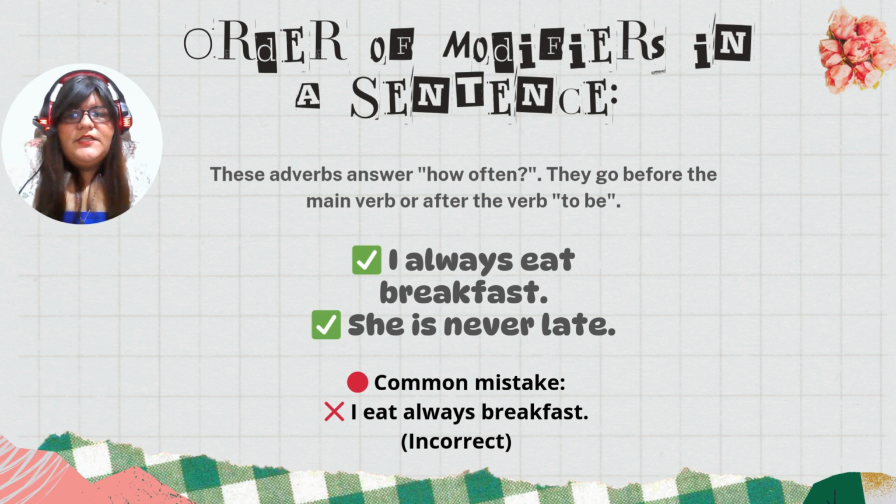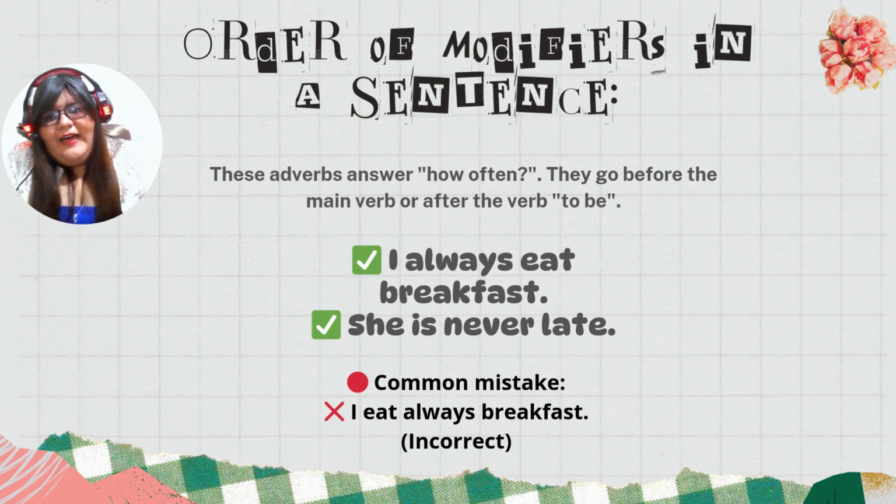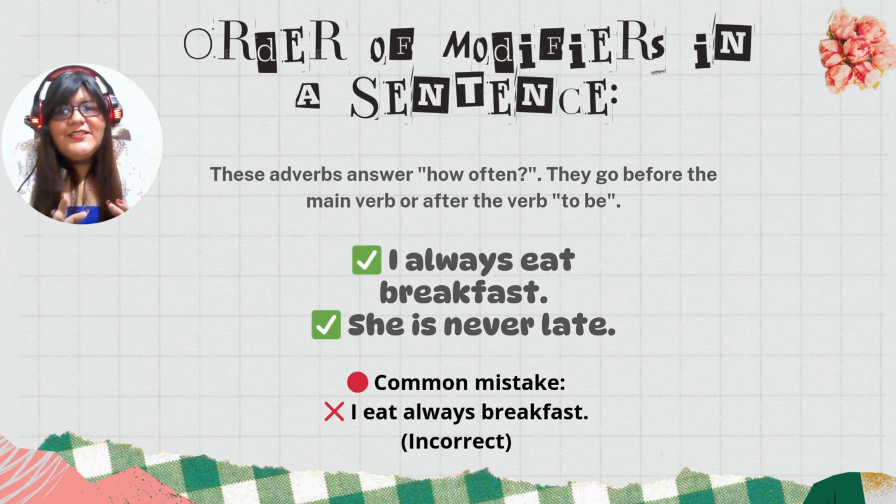The common mistake is to say I eat always breakfast. Keep in mind this, please, because this is another mistake that I used to see, that you put the verb and then the adverb. And everything has an order, and we must follow that order.